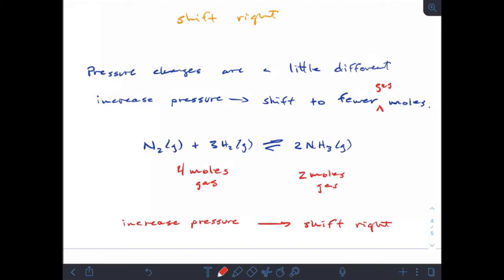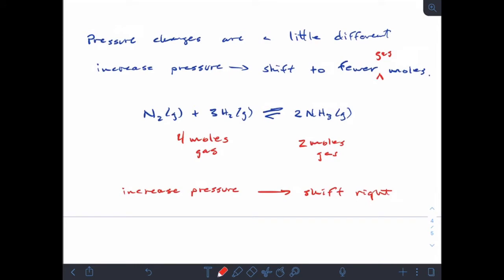I always imagine it sort of like squeezing a balloon. If you squeeze one side of a balloon, all the air moves to one side. Pressure changes to equilibrium are kind of the same way. So on the right-hand side, you can imagine that we have more space because there were fewer moles there, right? So if we increase the pressure, it's going to shift to the side with fewer moles.